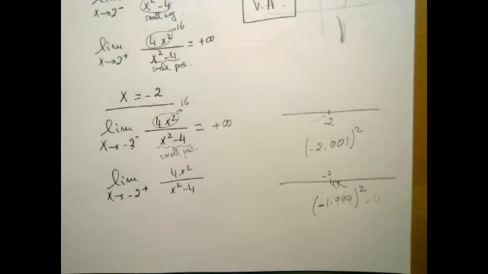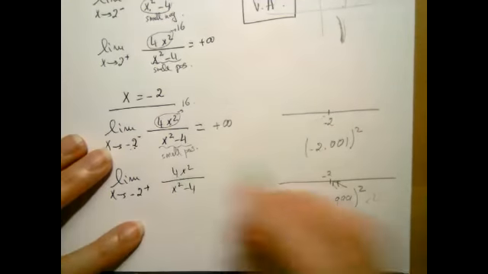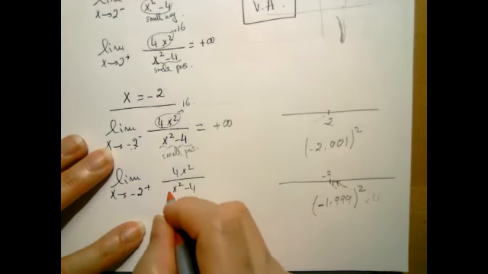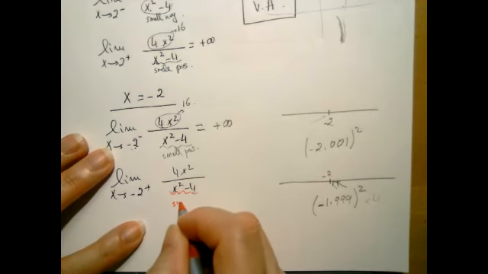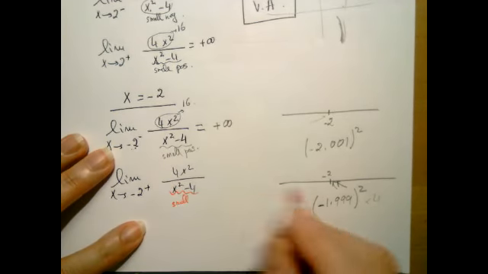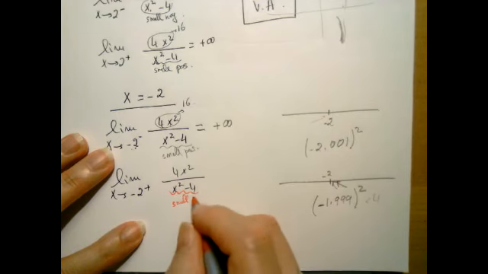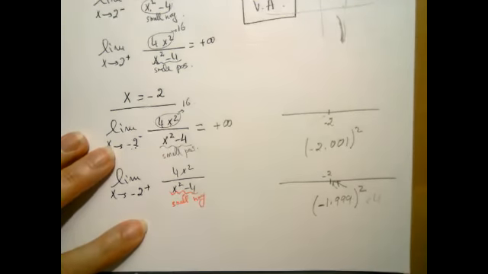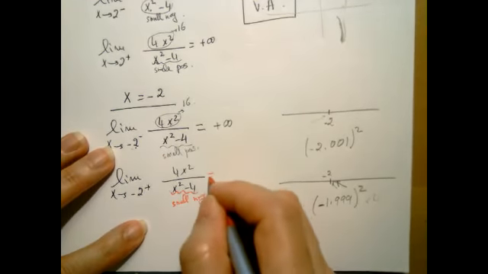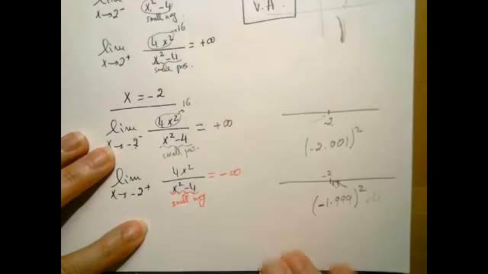So if you have 1.99, you have something less than 4. So this little piece right here is going to be small, of course, but it's less than 4, so this is going to be small negative. And this is going to be equal to minus infinity.